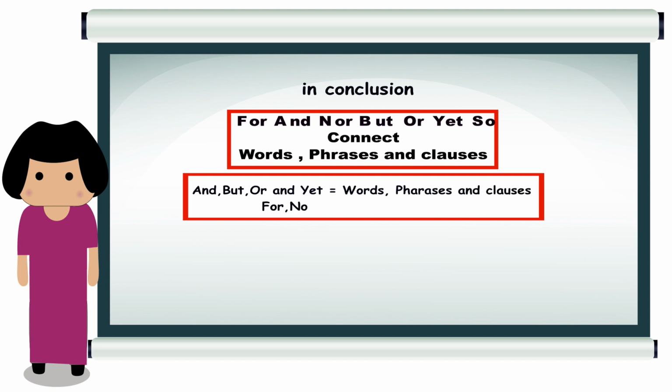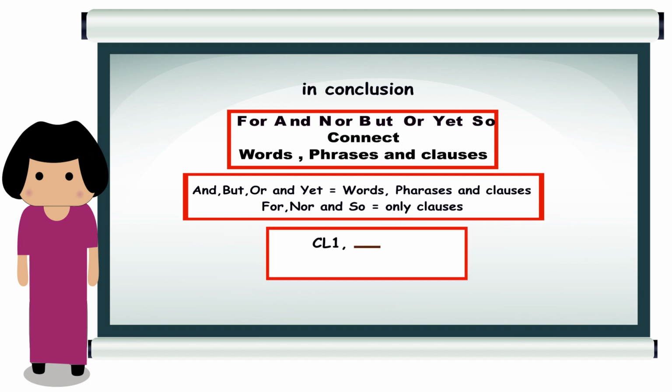But nor and so are only used to connect clauses. Okay, and if you use them to connect clauses, the sentence will be a compound sentence because it consists of two independent clauses.